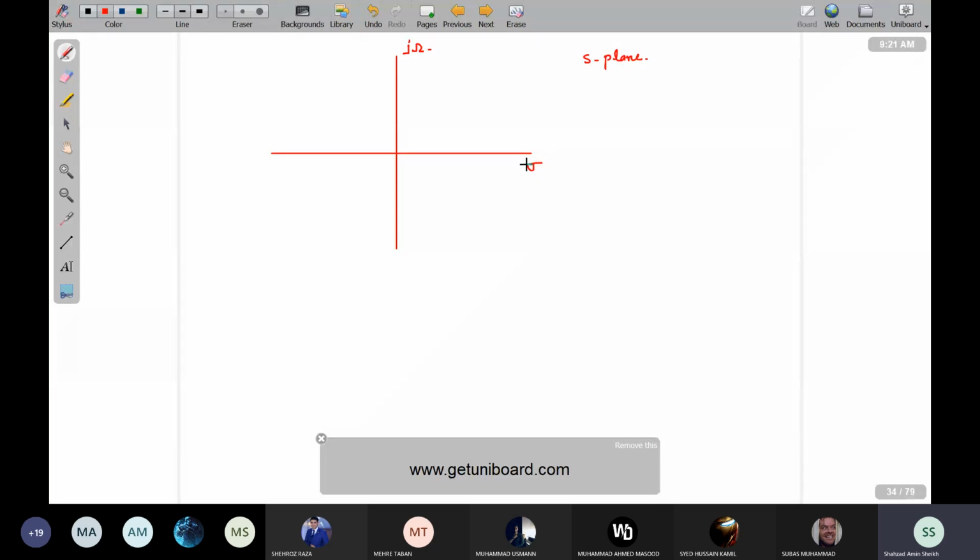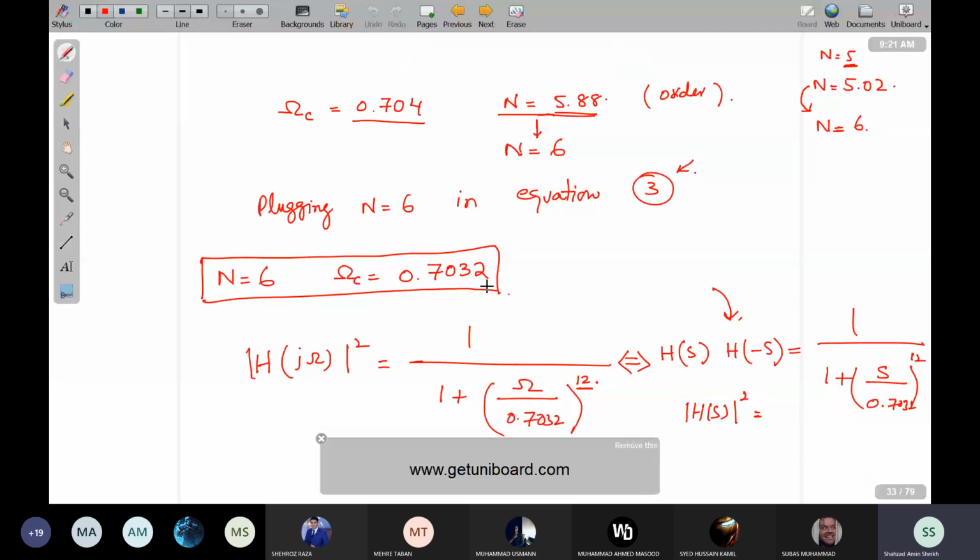It is not Z plane, it is S plane, and my n is equal to 6 and my omega c is equal to 0.7032, which I have obtained here, and that's my transfer function for H(s), or in terms of H(j omega) it is in this form.